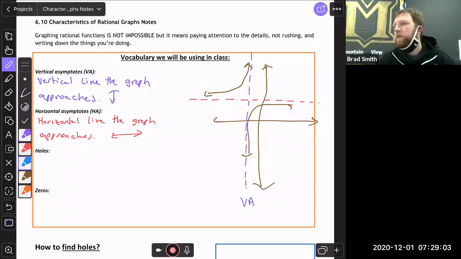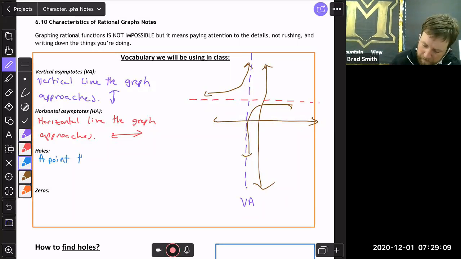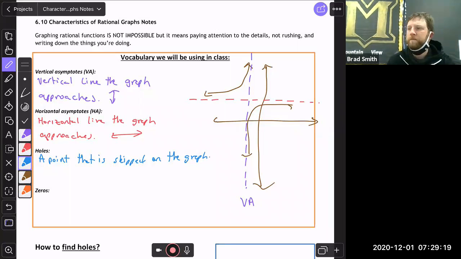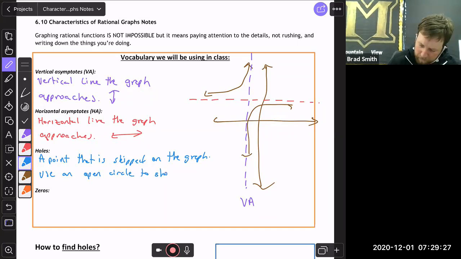Next, we got a hole. A hole is a point that is skipped on the graph. So we're going to use an open circle to show that the point is skipped.